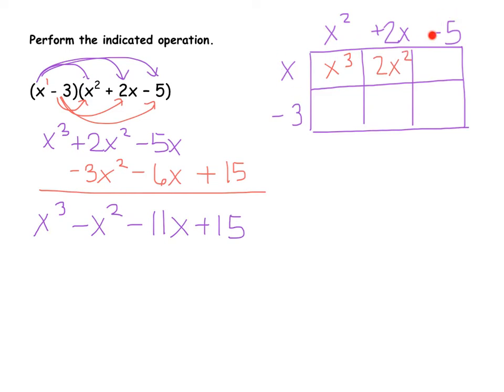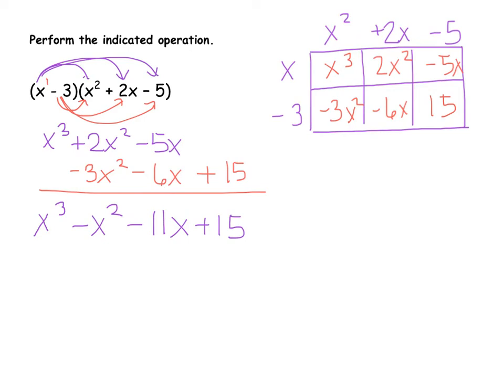Then x times negative 5, so negative 5x. And then we move on to negative 3 times x squared, so negative 3x squared. Negative 3 times positive 2x, so negative 6x. And then lastly, negative 3 times negative 5, so positive 15.